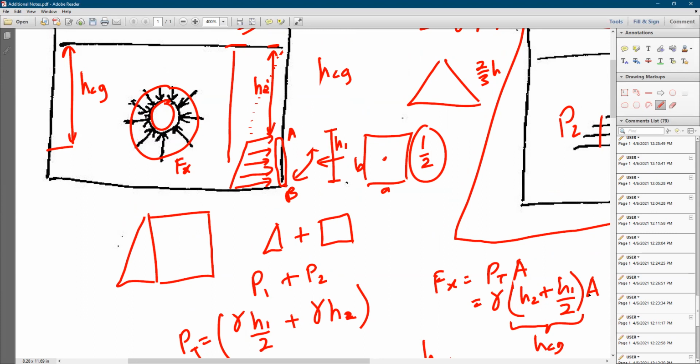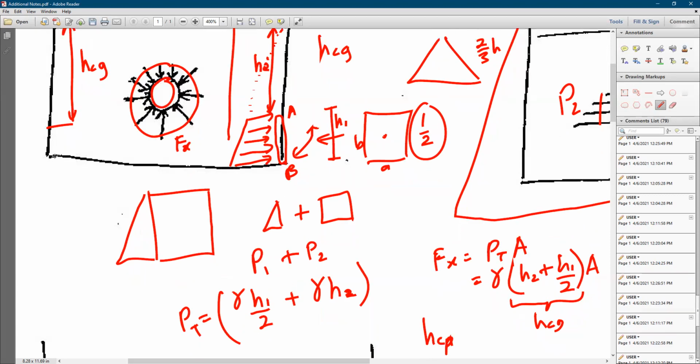And HCP is a little bit, a certain distance further down. This is your HCP, center of pressure.